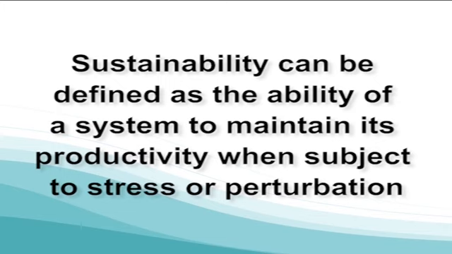Sustainability can be defined as the ability of a system to maintain its productivity when subject to stress or perturbation. A stress is here defined as a regular, sometimes continuous, relatively small and predictable disturbance, for example, the effect of growing soil salinity or indebtedness.